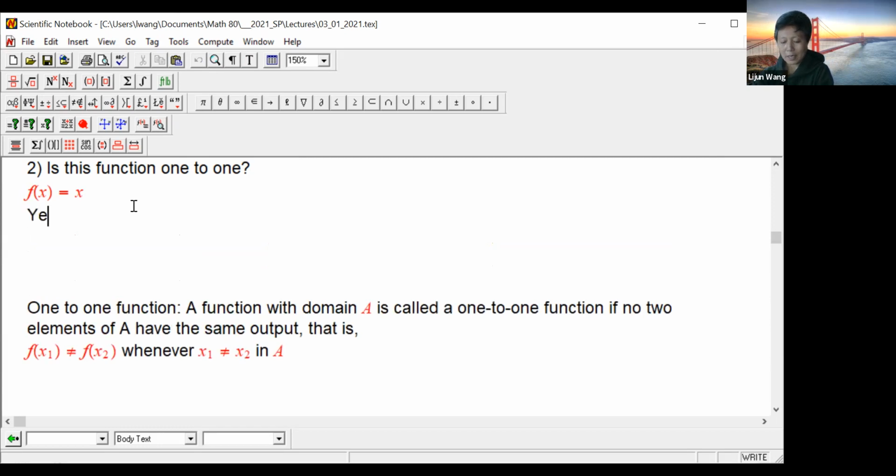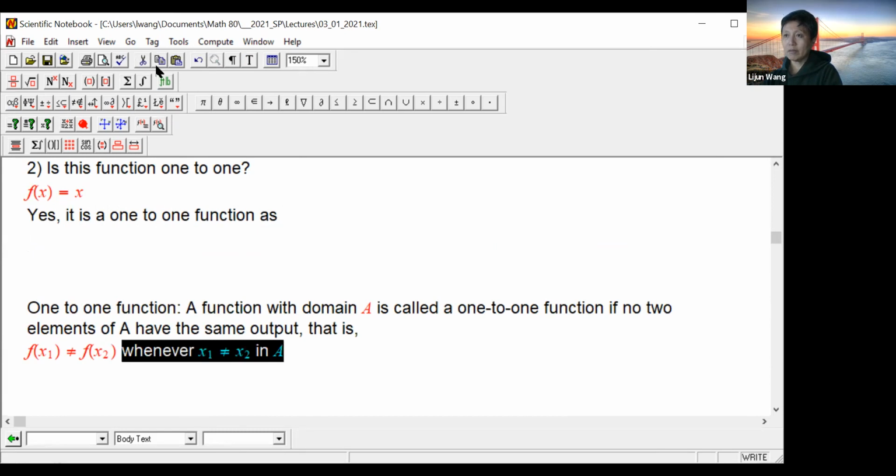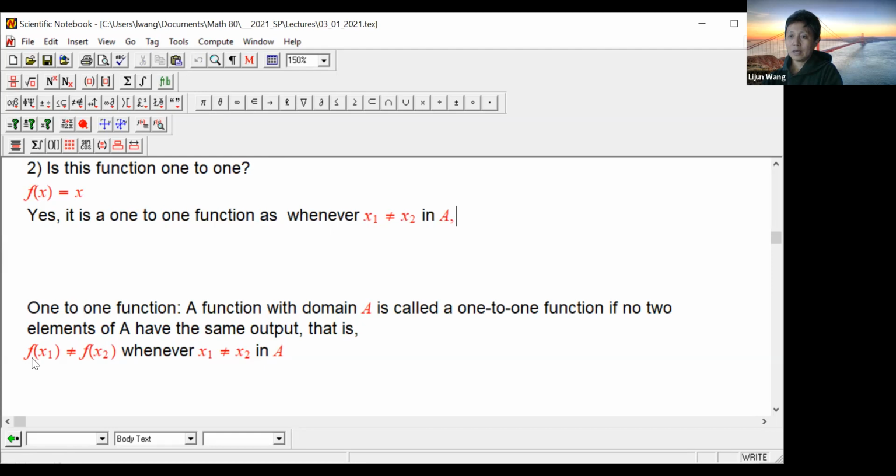Then you'll say, yes, it is a one-to-one function, as we can quote here: whenever the inputs are different, their outputs are different as well, because the output will be the same as their respective input.